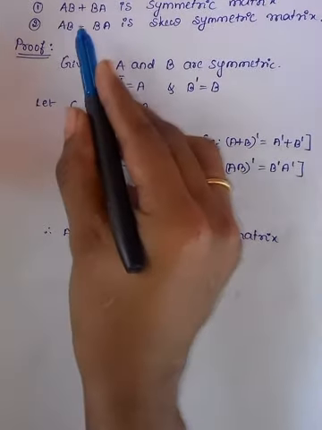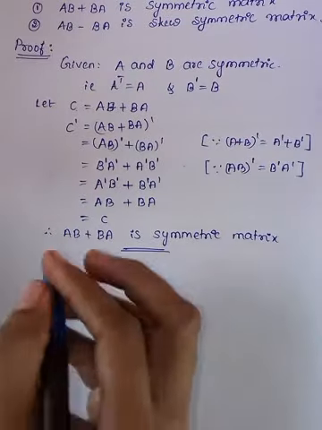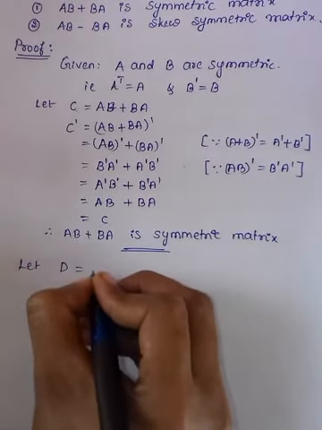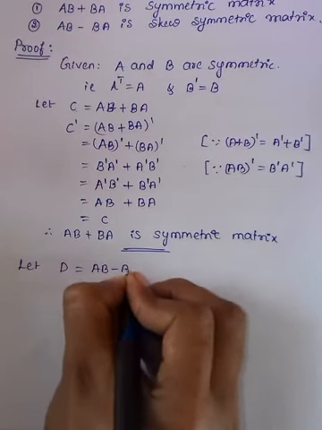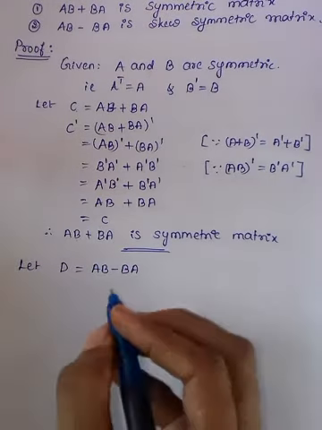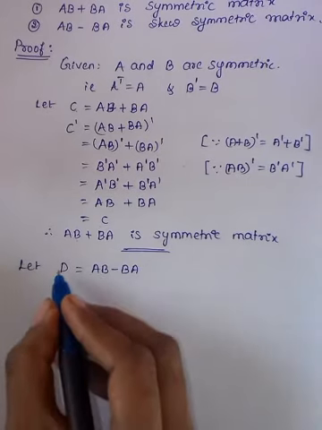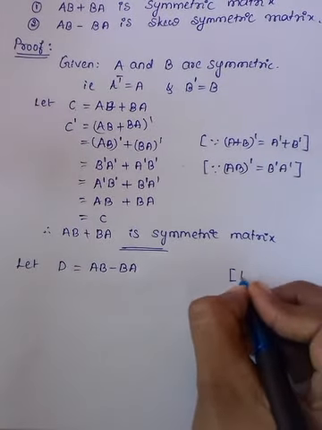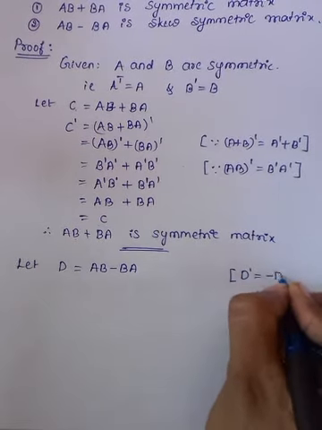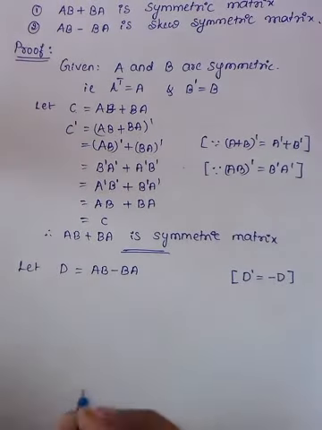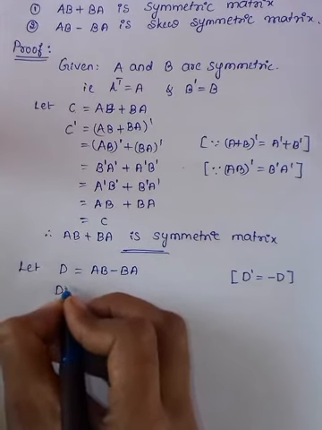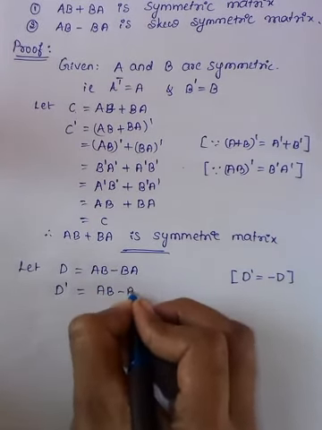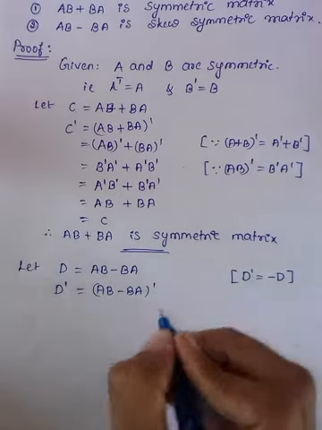To prove AB minus BA is skew symmetric, let us consider matrix D equal to AB minus BA. To prove D is skew symmetric, we have to prove D transpose equals minus D. So take the transpose of this matrix. D transpose equals (AB minus BA) whole transpose.